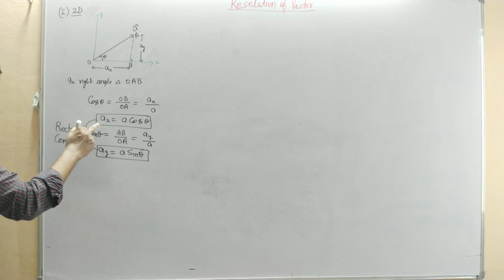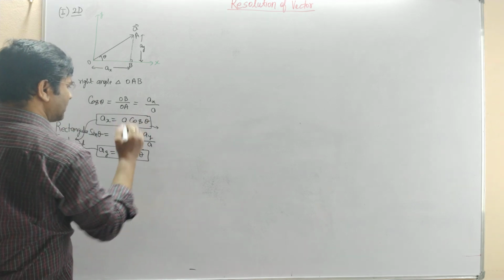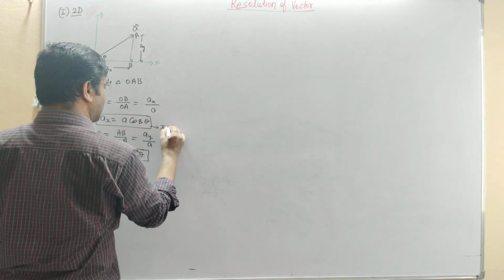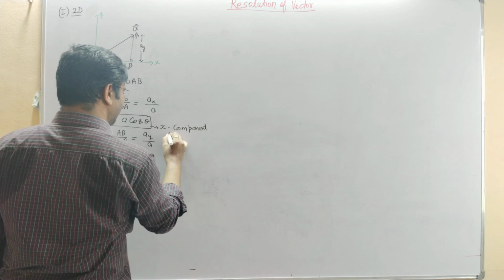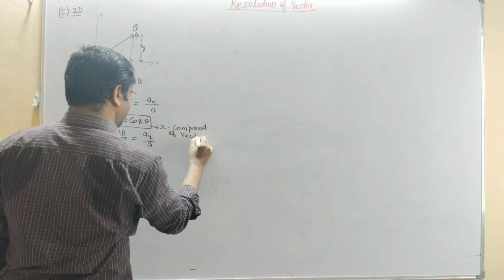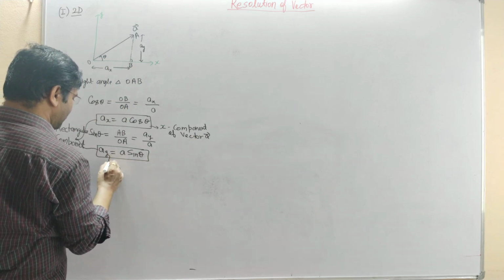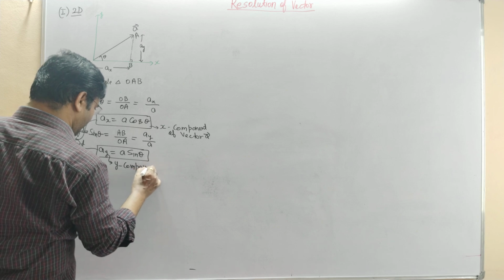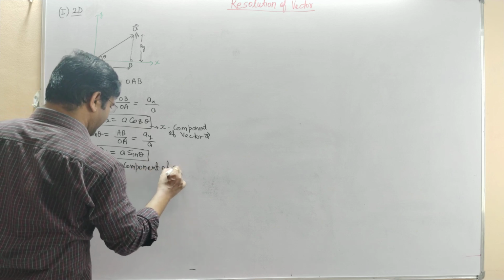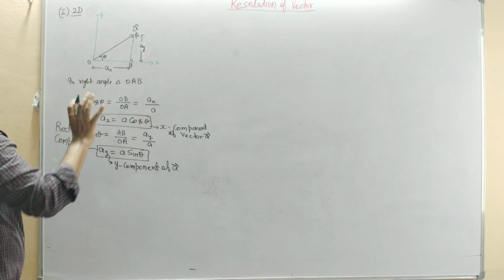And Ax and Ay is known as rectangular component, and this Ax we will call the x component of vector A. This one, Ay, we will also call the y component of vector A. So we can write vector A in two parts.